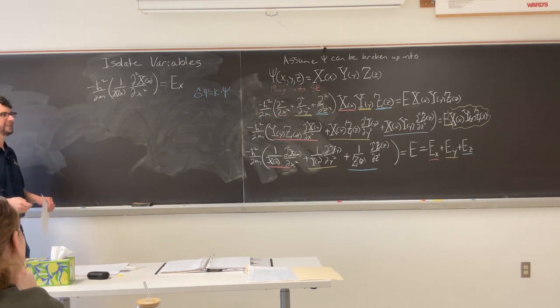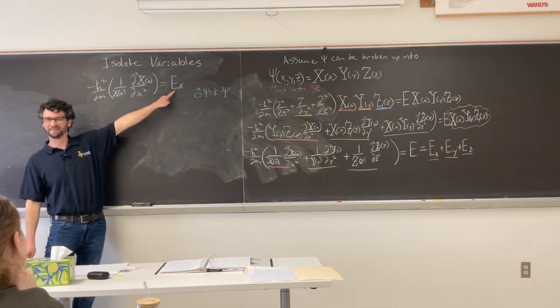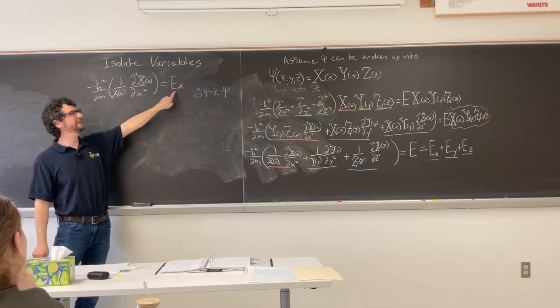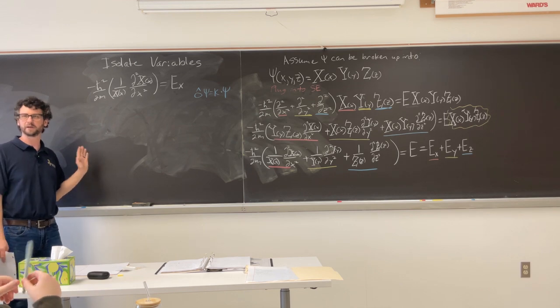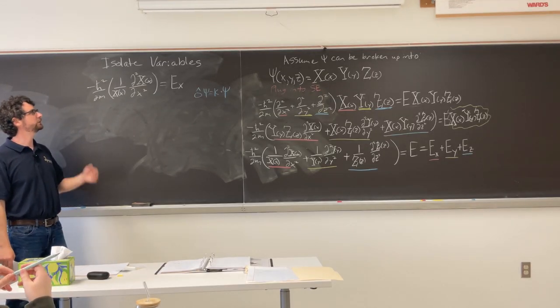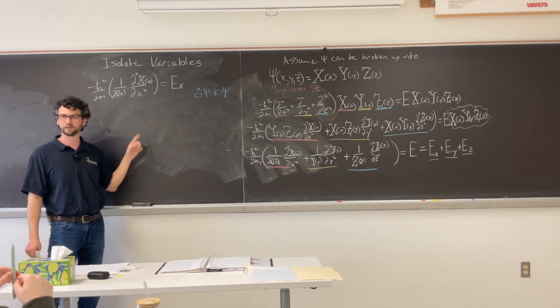What's this thing? That's a constant. What do we need to have multiplied by that constant to get an eigenvalue, eigenfunction problem? The wave function. Any way to get a wave function over here?